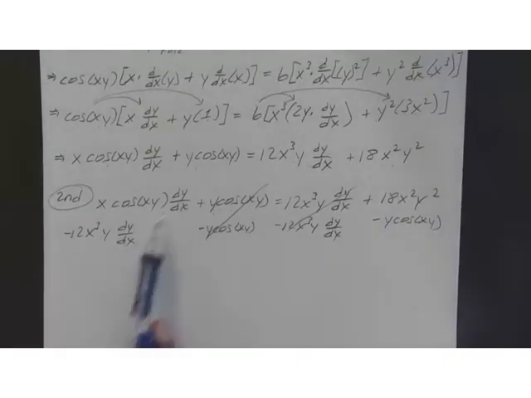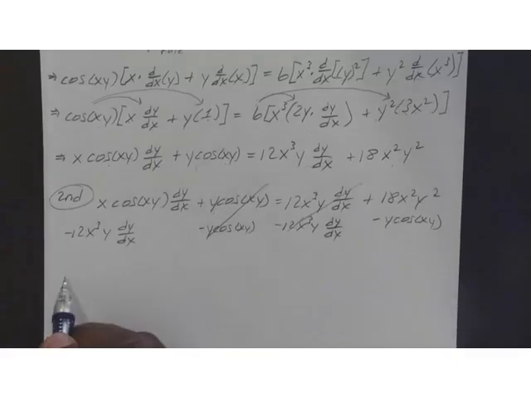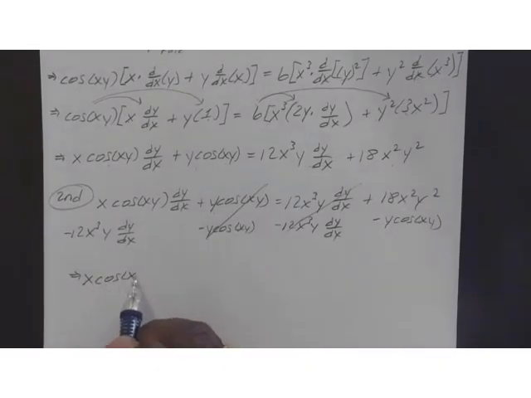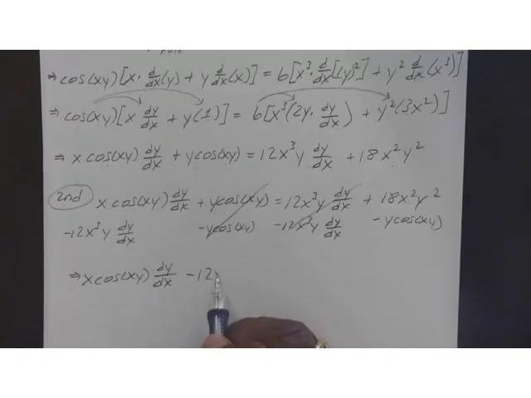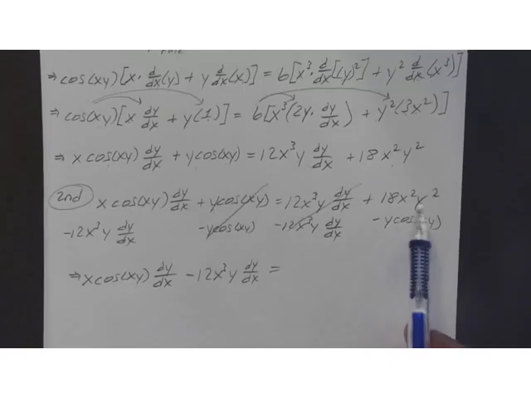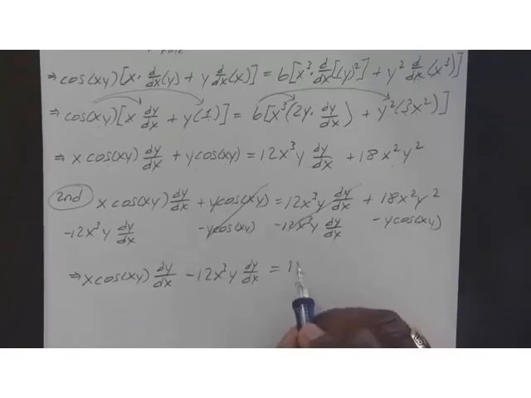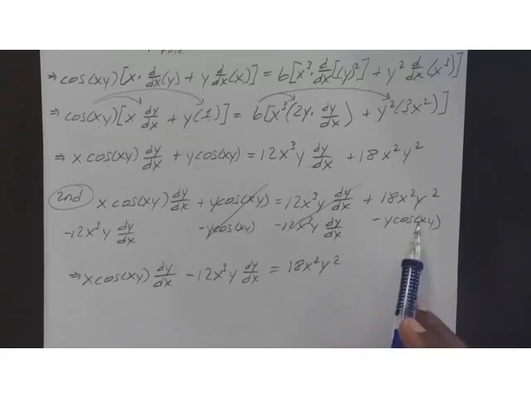So that gives us all of our dy dx terms on one side. So we have x times cosine of xy times dy dx minus 12 times x to the third power times y times dy dx is equal to 18x squared y squared minus y times cosine of xy.